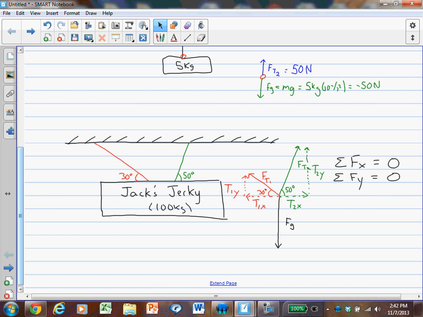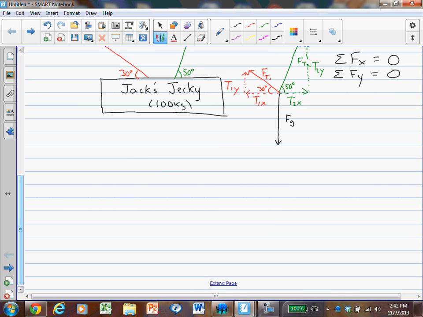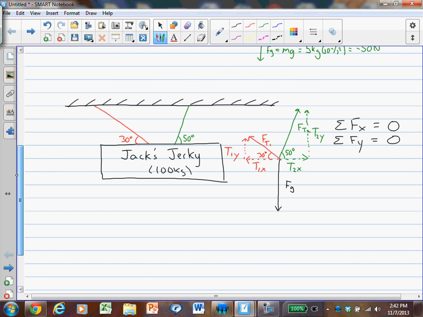Because the sum of the forces in the x is zero, the only forces we have tell us that T1x must equal T2x. Right?